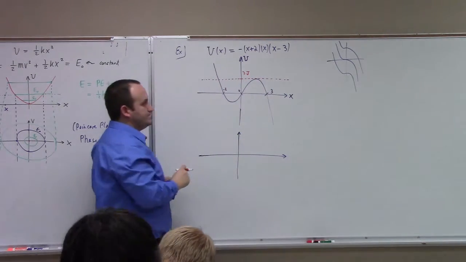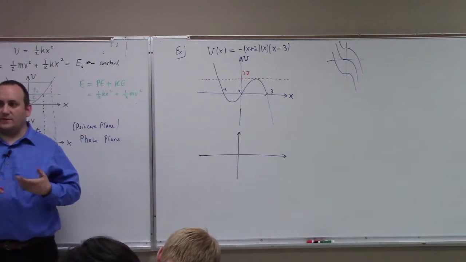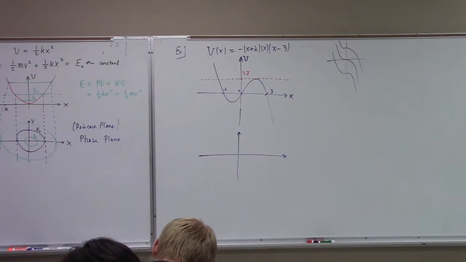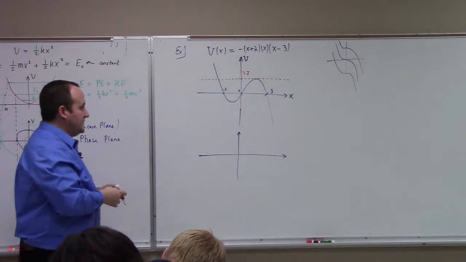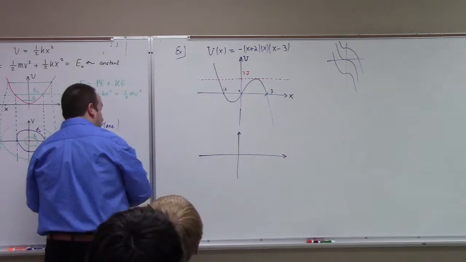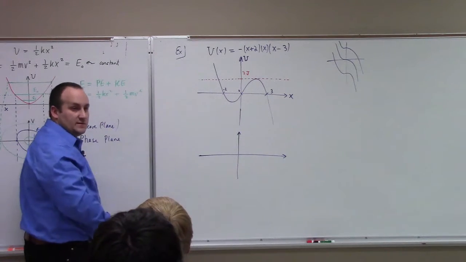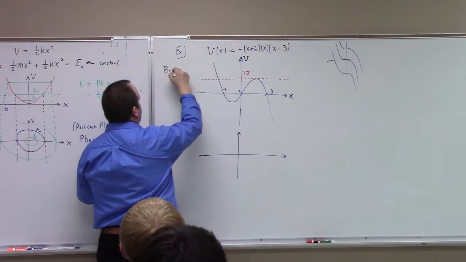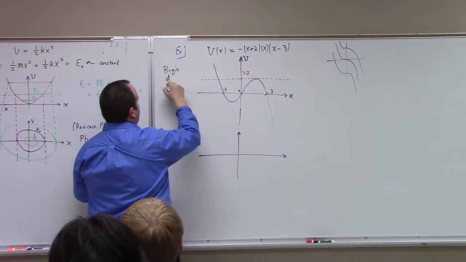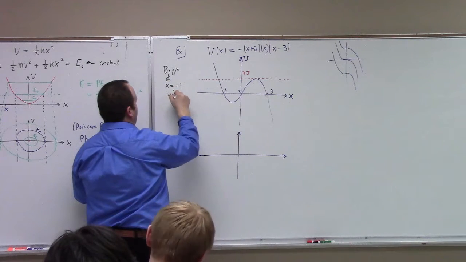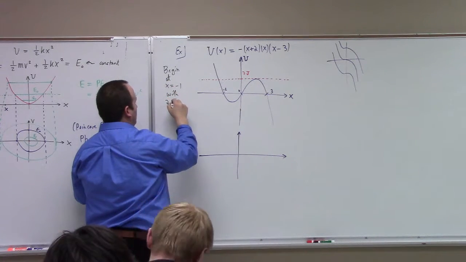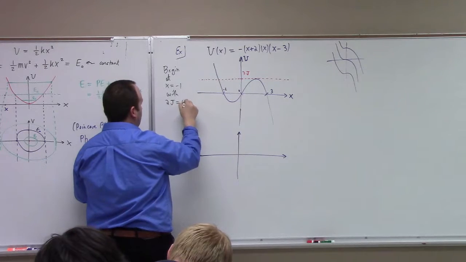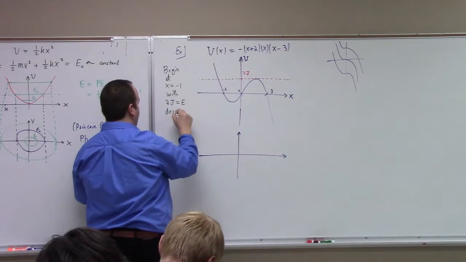Suppose your total energy is 2 joules, and suppose you start at position x equals -1. Describe the motion.